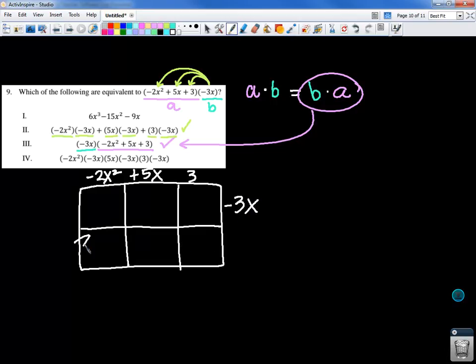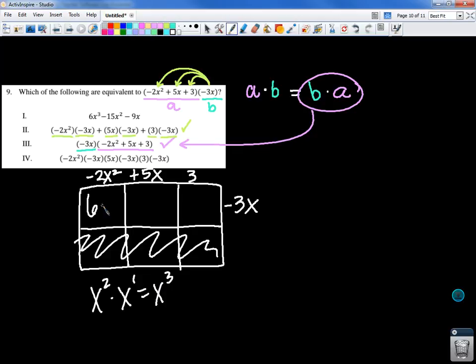So negative 3x times negative 2x squared, well, negative 2 times negative 3 is positive 6, and x squared times x is x cubed. 5x times negative 3x is negative 15x squared, and 3 times negative 3x is negative 9x. Well, look at that. 6x cubed, negative 15x squared, negative 9x. That one looks like it also works.